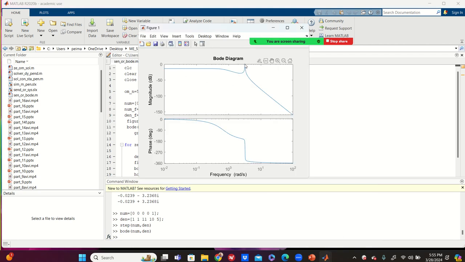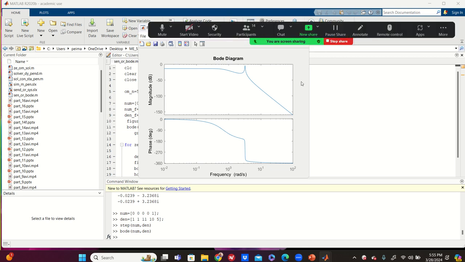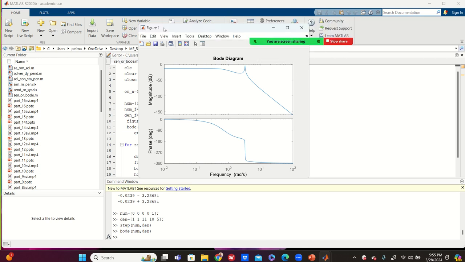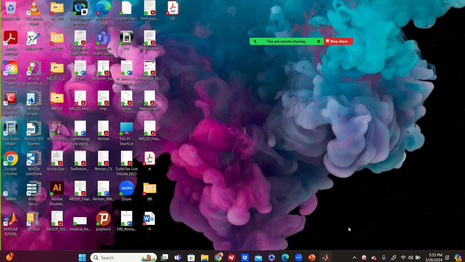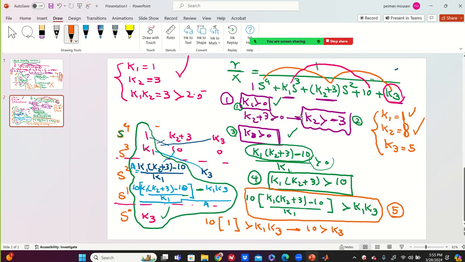See, maximum overshoot, and then this is the phase. Okay, now you know everything. So, okay, I'm done officially with the Routh stability criteria.